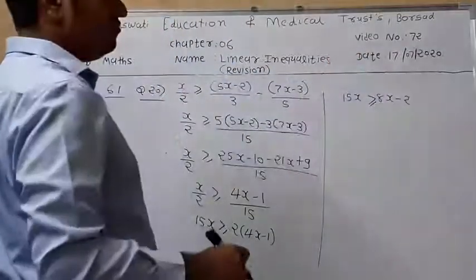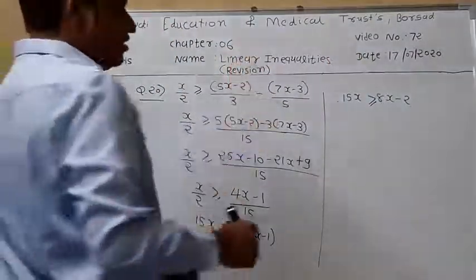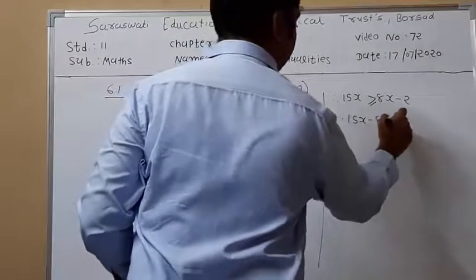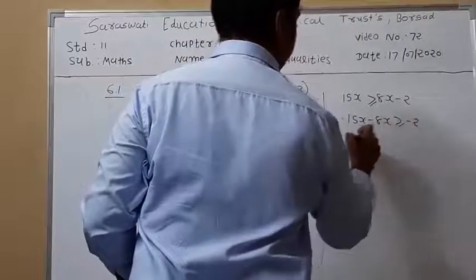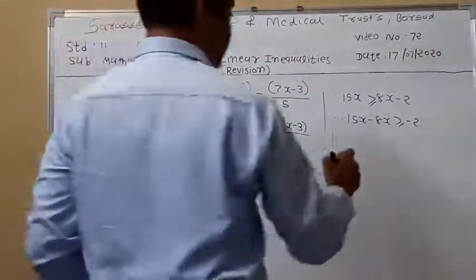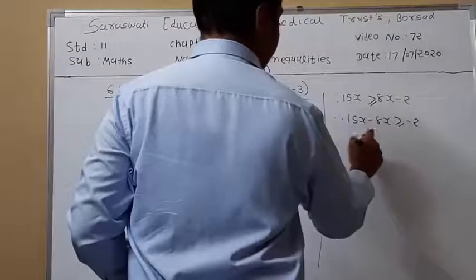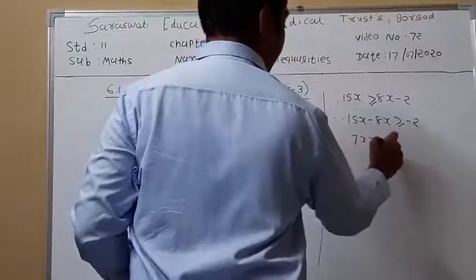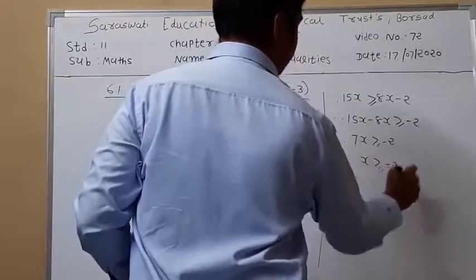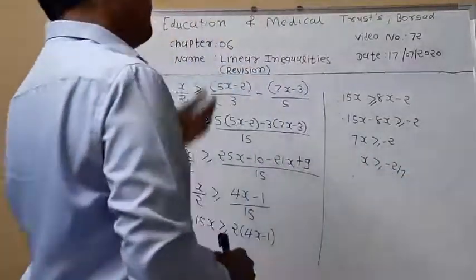The 8x is written on the left side. So 15x minus 8x greater than or equal to minus 2. Therefore 15x minus 8x, that means 7x, greater than or equal to minus 2. So x greater than or equal to minus 2 by 7.